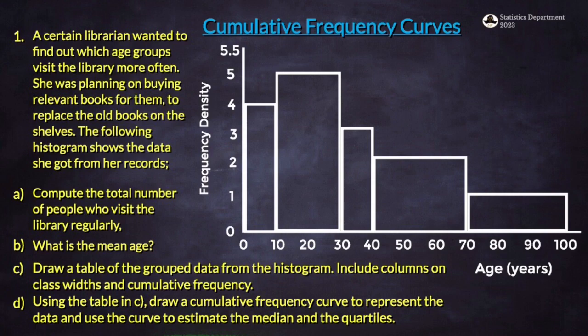Yes, some are broad and some are narrow. The differences of those ranges of ages which are covered by each and every rectangle represent the class width. How broad they are is the class width.